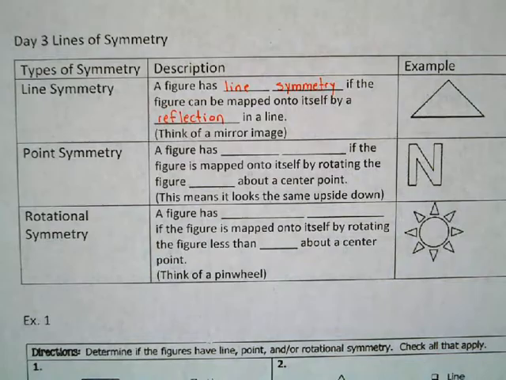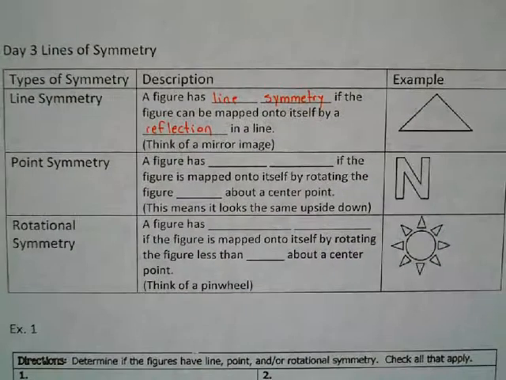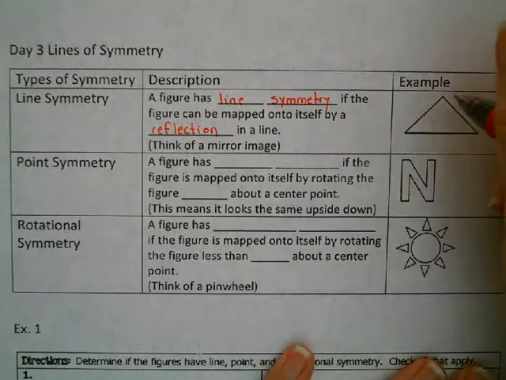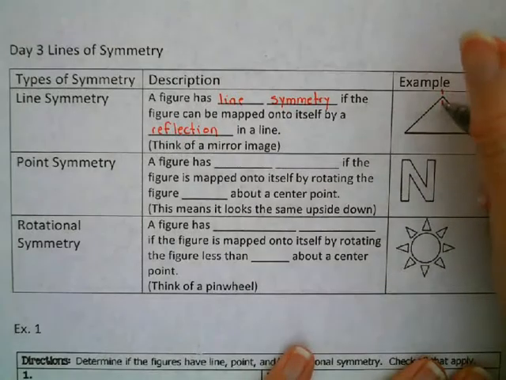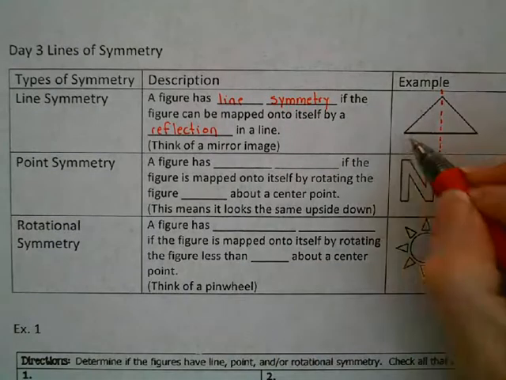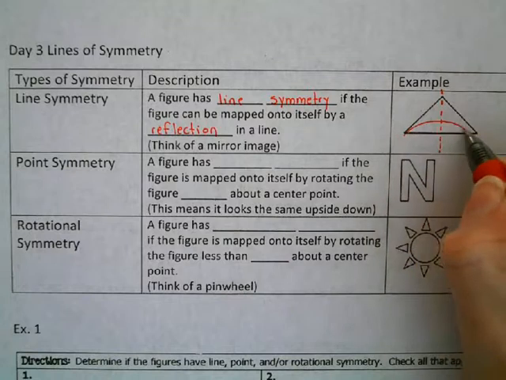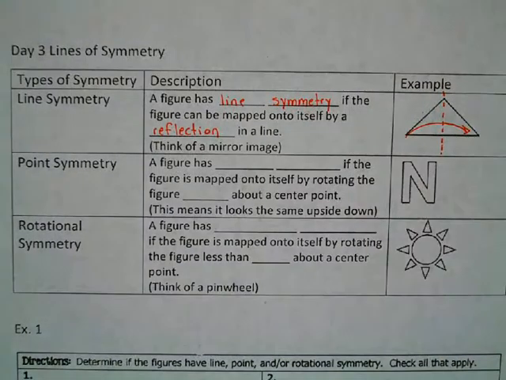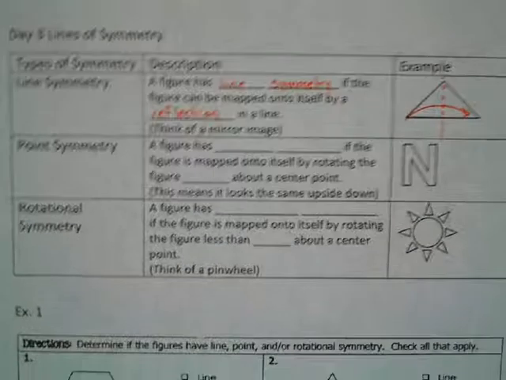So if you could draw a vertical, horizontal, diagonal line, and the picture maps onto itself. For example, if I draw a vertical line right here, and you folded that picture in half on that line, this corner maps directly onto that corner. So when you fold a line in half, that's called line symmetry. The picture folds exactly on top of the other side.